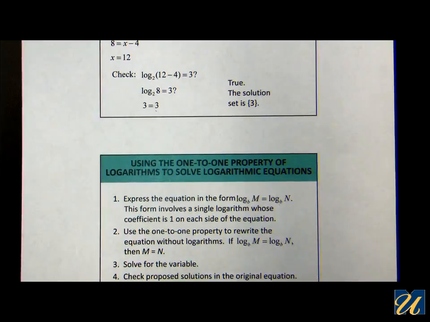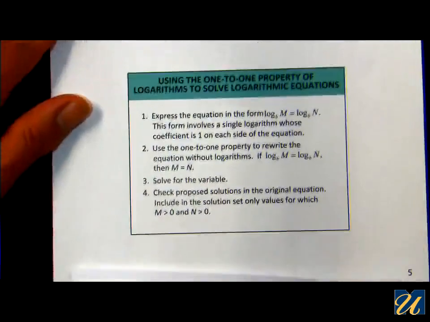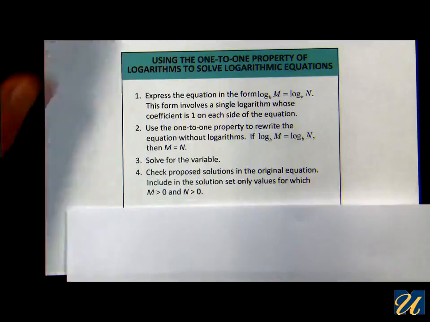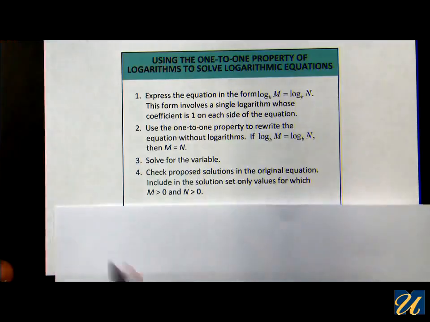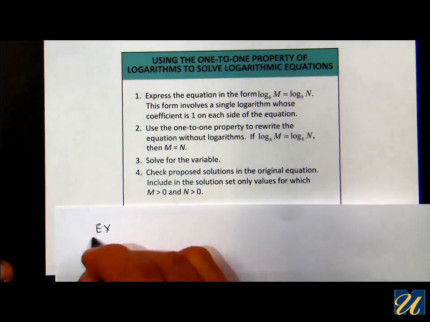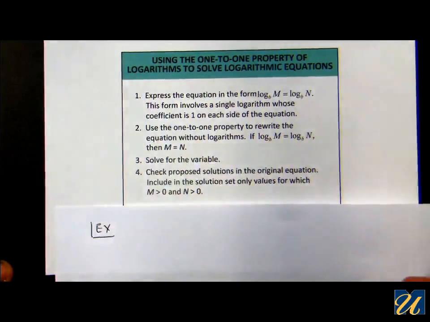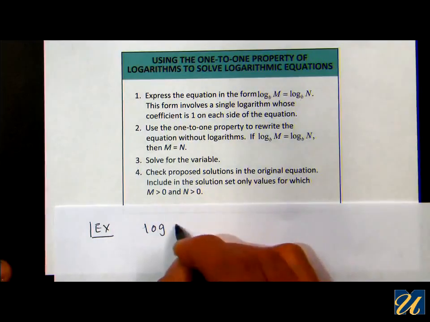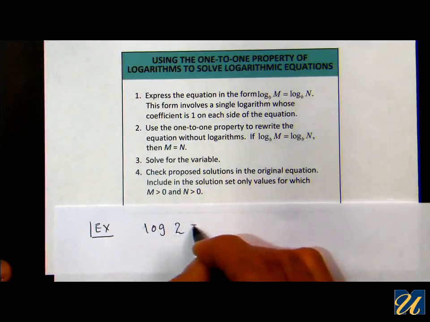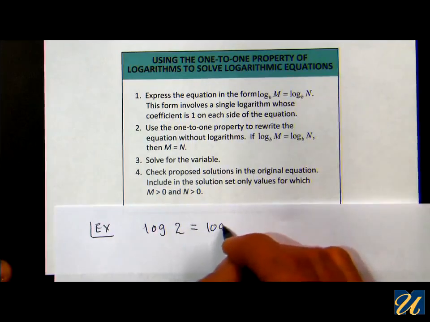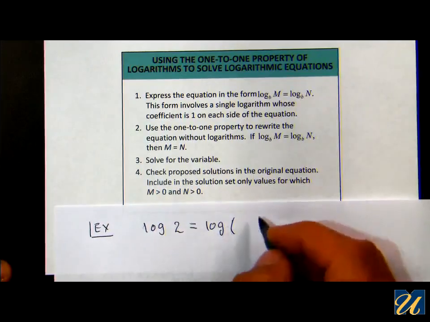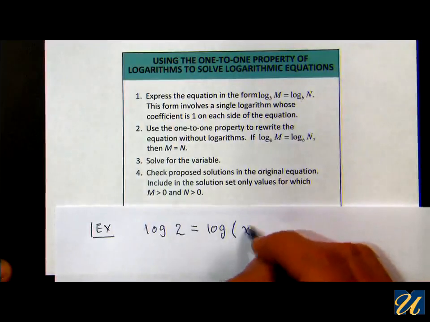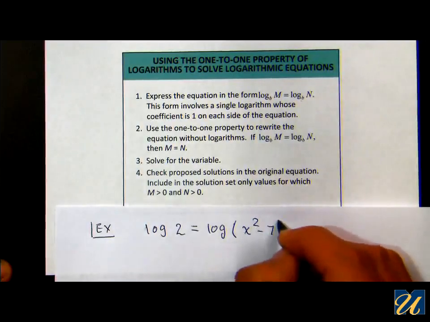Now we don't have an example of that on the PowerPoint slide, so let me push this up here a little bit and I'll try to squeeze right in here an example of this very property. So let's say the equation is common log of 2 is equal to the common log of x squared minus 7.